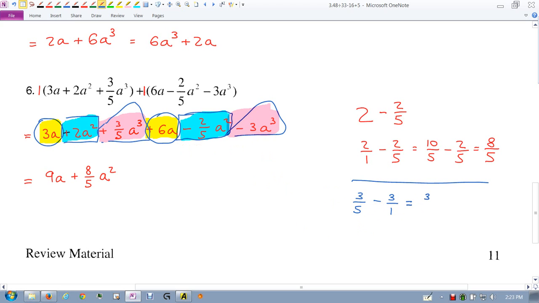I'll multiply the second fraction top and bottom by 5. And then do the subtraction. 3 take away 15 is negative 12 over 5. So negative 12/5. So that means when I put it in here, I put minus, right? I need the minus in there. Minus 12/5 a cubed.